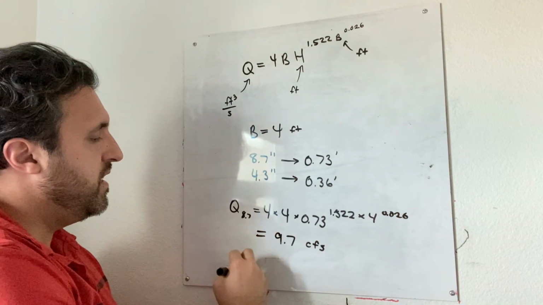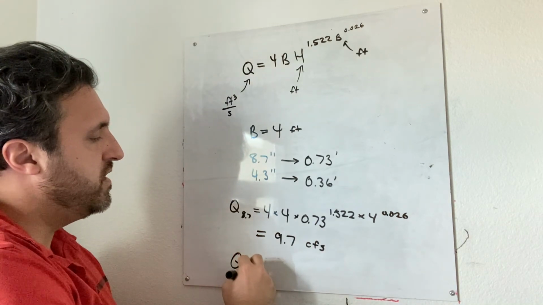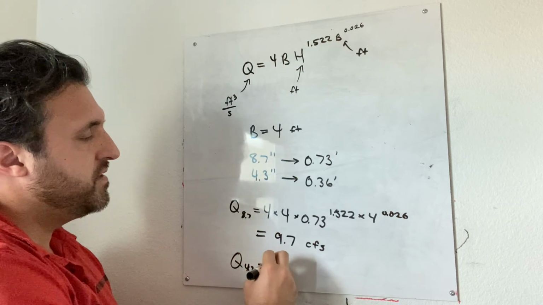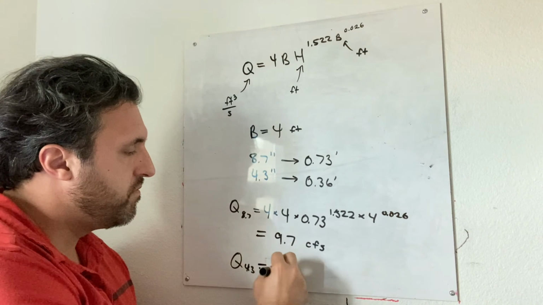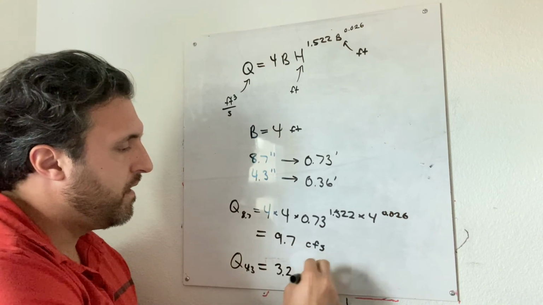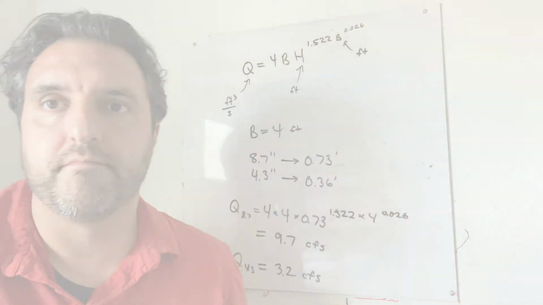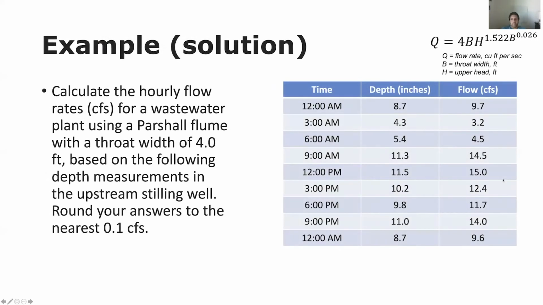If we do the same thing for the 4.3 inch reading, that gives us a value of approximately 3.2. Here's a solution to that example problem. You can see the corresponding flow rates with each of the depths that were measured at different times during the day.